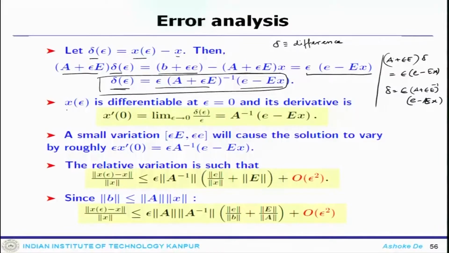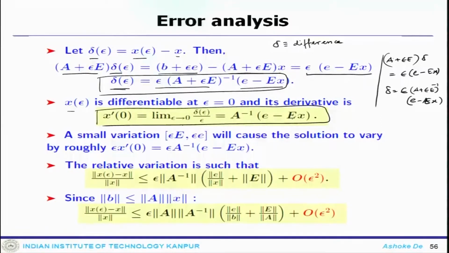What you find out next is that x epsilon is differentiable and its derivative is x prime 0, with the limit as epsilon tends to 0 of delta epsilon by epsilon. Whatever delta you have obtained here, in the limiting sense, when epsilon tends to 0, should get me back A inverse multiplied with (e minus E x).